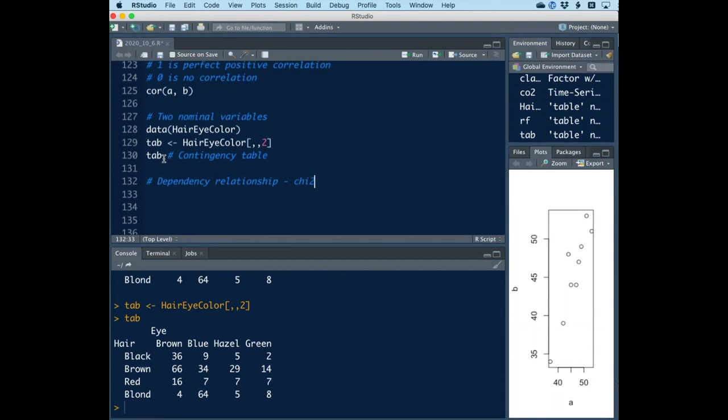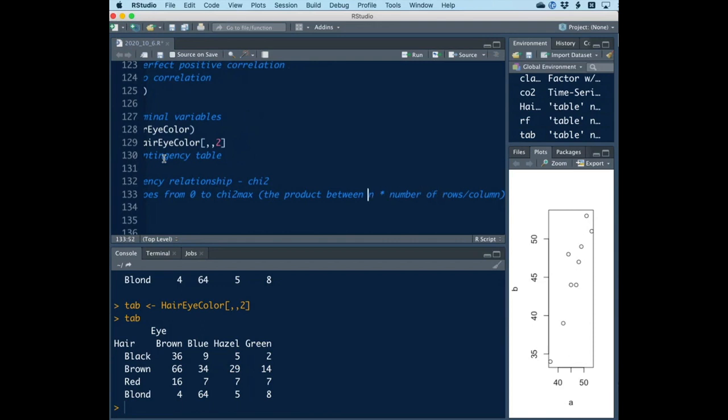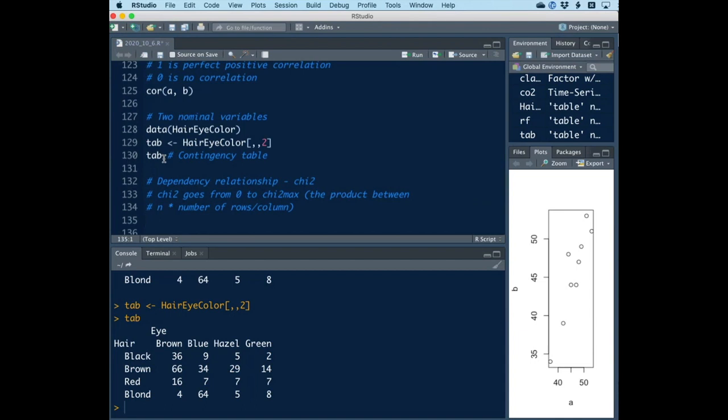Okay, so the chi-square goes from 0 to a maximum value, chi-square max, which is the product between n, the number of individuals, and the lowest value between the number of rows and the number of columns.